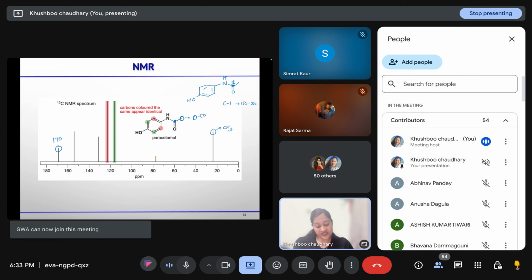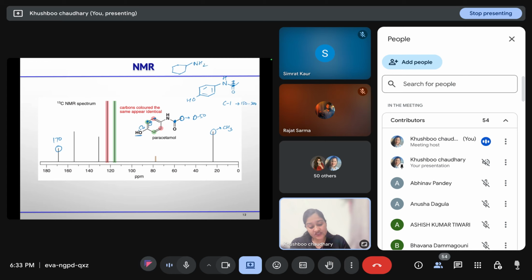Now we have to find out the regions for your ortho and meta positions relative to the OH group and the amide group. If we consider this OH group, it will have a plus R effect on this benzene ring. So we can say that the position ortho to this OH should be shielded, correct? Yes, ma'am.